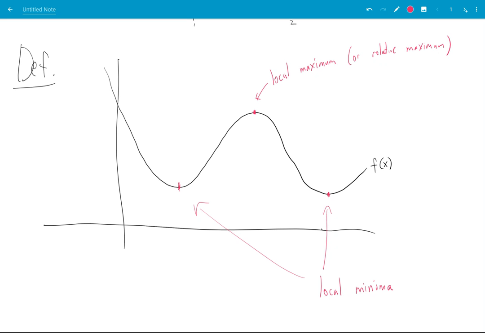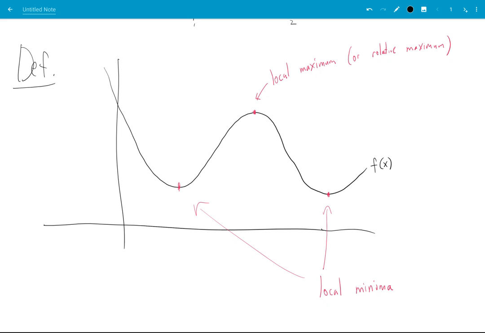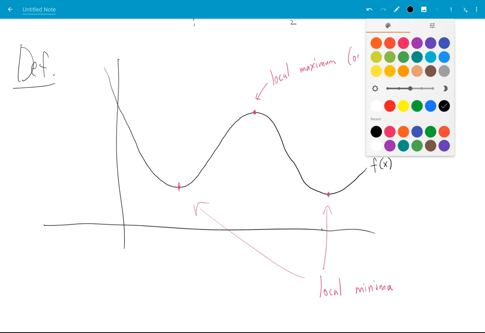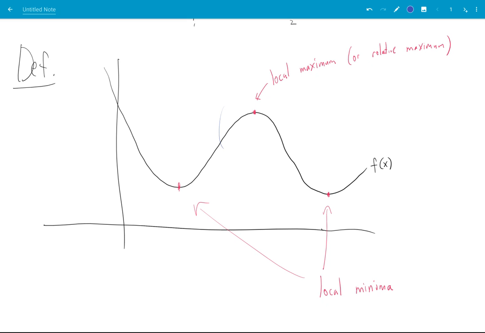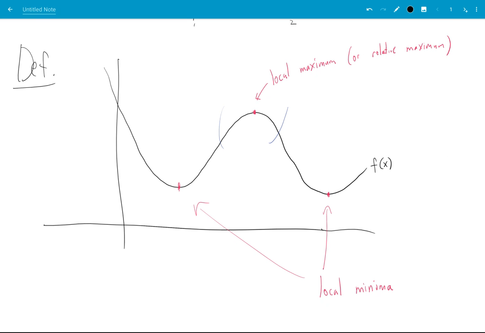Okay, so relative as opposed to absolute. The word local comes in because, like locally, if I zoom in here and forget the rest of it, that hill there is locally a maximum, not globally.